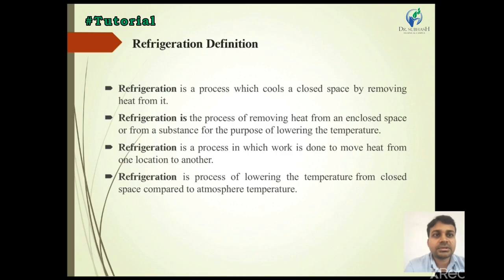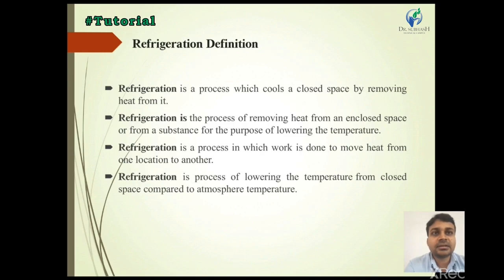Refrigeration is a process in which work is done to move heat from one location to another. Refrigeration is a process of lowering the temperature of a closed space compared to atmospheric temperature.